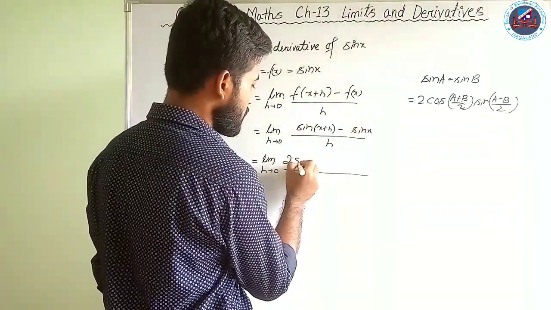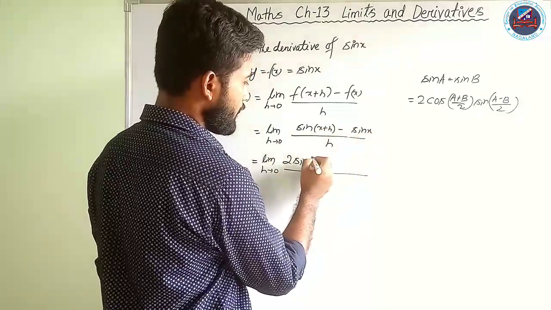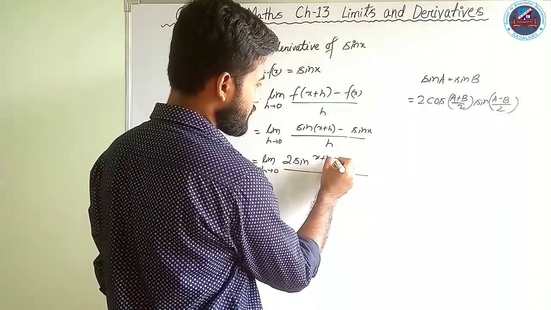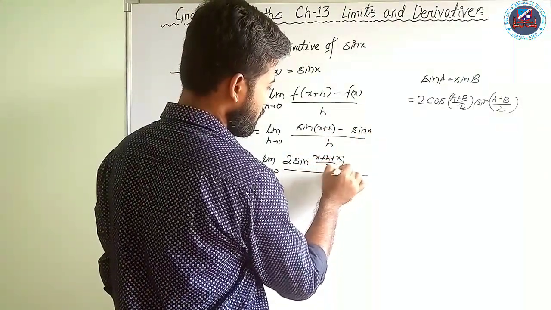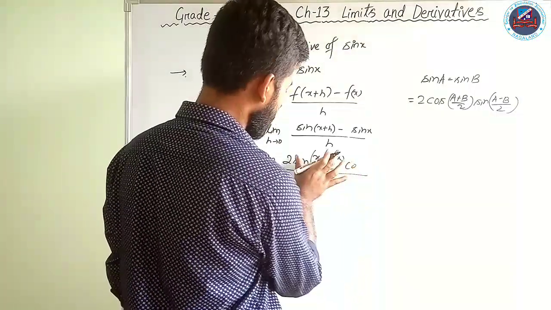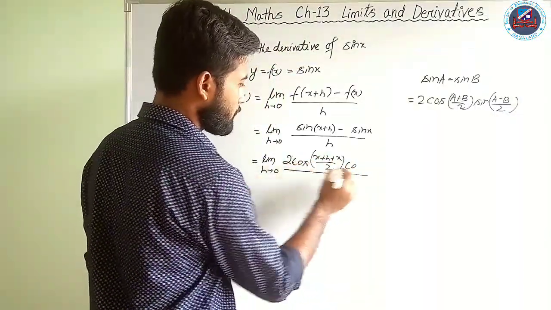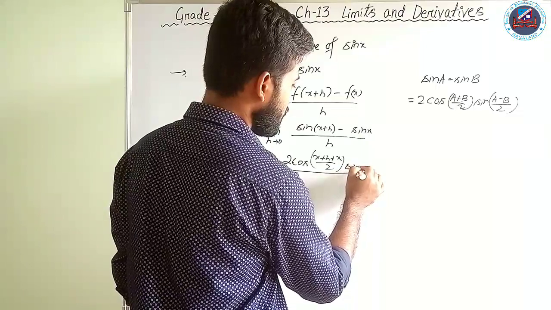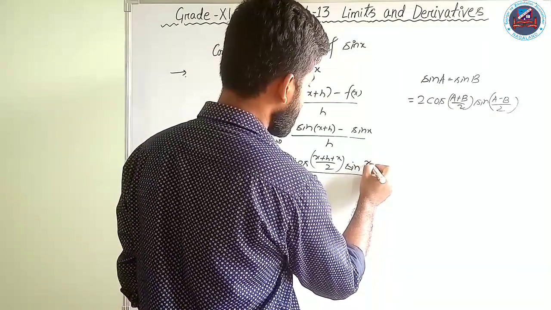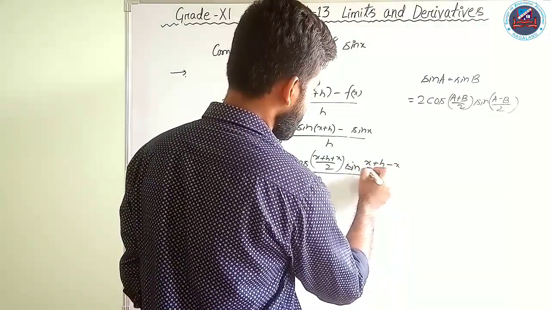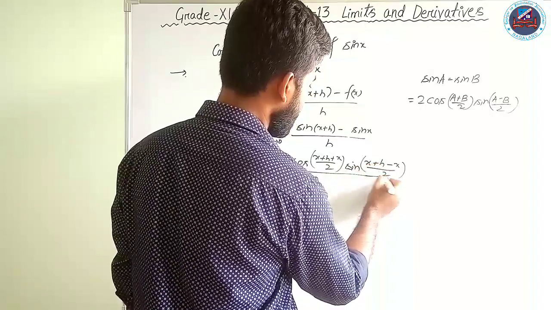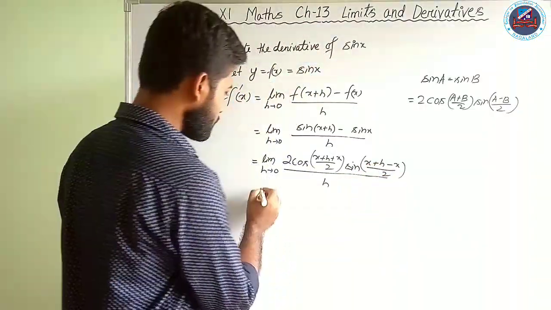So it will be twice of, sorry, this will be cos according to the formula, cos of a plus b by 2, that is x plus h plus x by 2, and this will be sin of a minus b by 2, that is x plus h minus x by 2, divided by h.